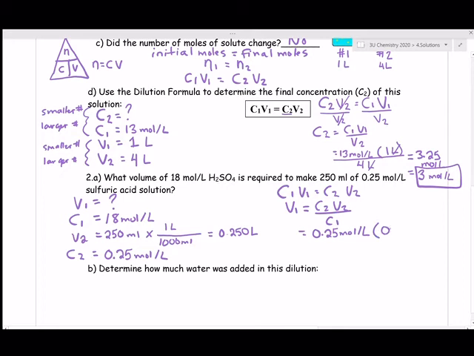V2 is 0.25 liters, initial concentration, 18 moles per liter. Notice those units are going to completely cancel and we'll end up with liters, which makes sense being as we're doing a volume. And for this, we are going to get 0.00347 liters.